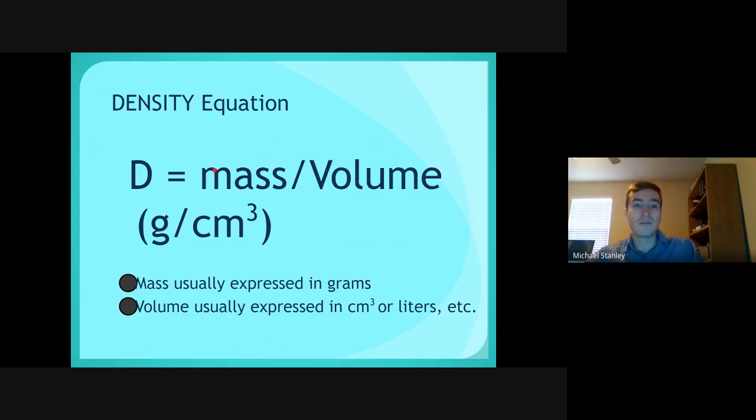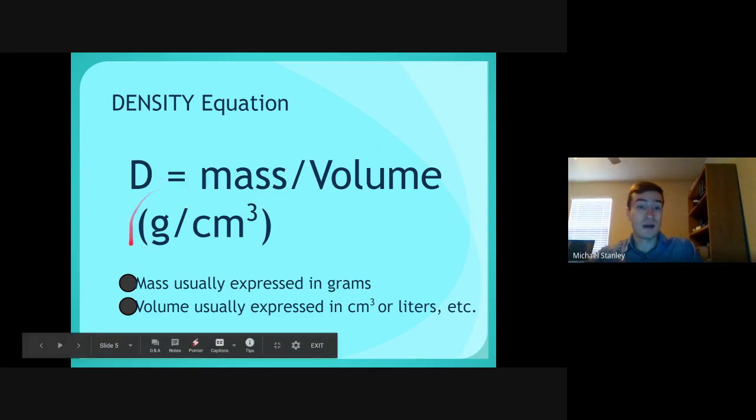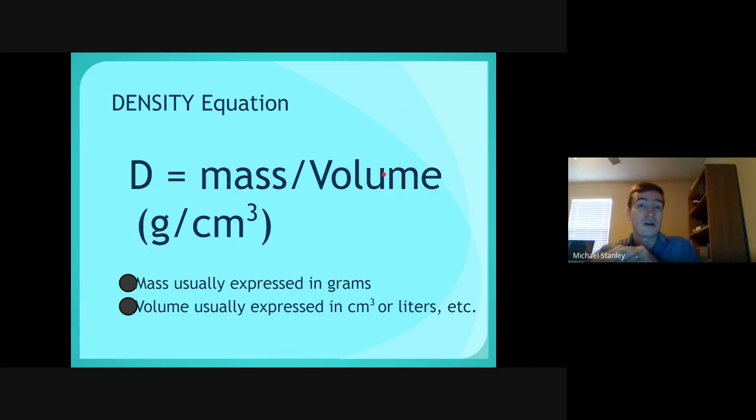D equals M over V is how you'll see it written out a lot. Mass is usually represented by grams, and in a lot of cases we're talking about solid things, so volume is usually represented by centimeters cubed. It can also sometimes be milliliters or liters. But this is our unit for density.